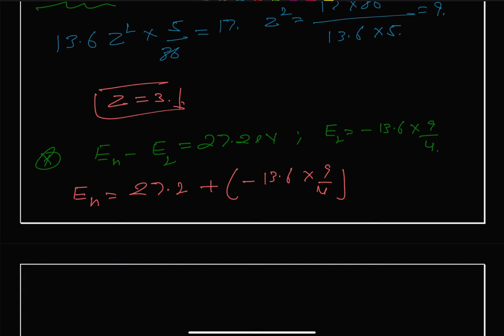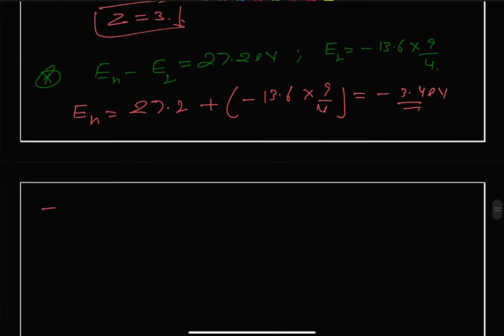And this will be equal to minus 3.4 electron volt. And for E of n, we can write this as minus 13.6, Z square we know is 9, divided by n square, equal to minus 3.4.